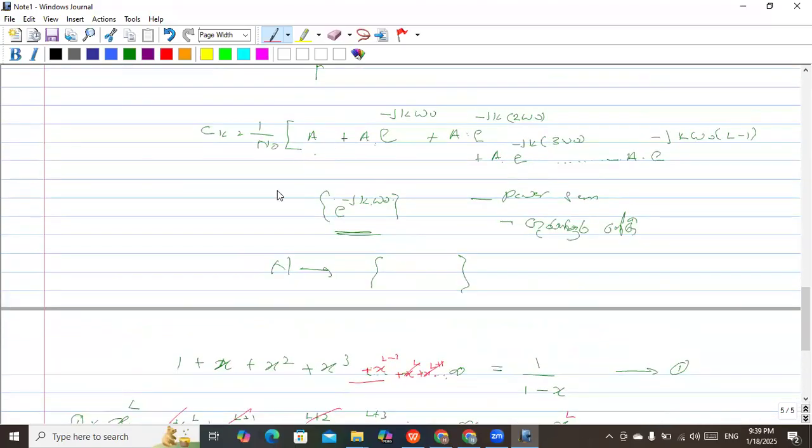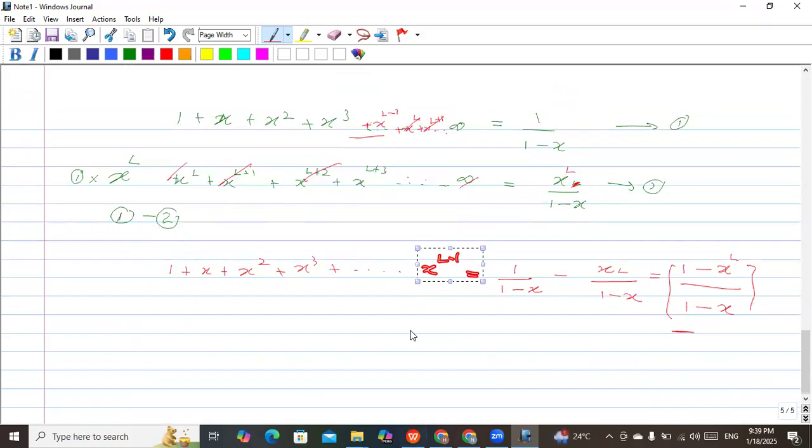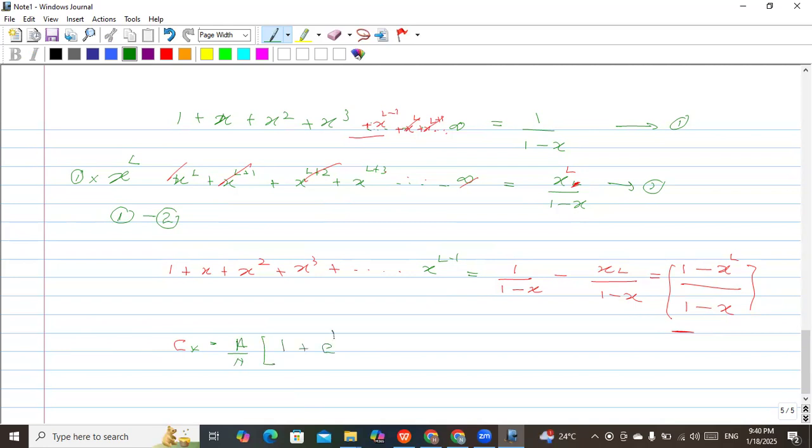If I take this A out, I have ck equals 1 over N, and if I take A over N naught out, I have 1 plus e to the power jk omega naught plus e to the power minus jk omega naught 2 plus e to the power minus jk omega naught 3, likewise up to e to the power minus jk omega naught L minus 1.